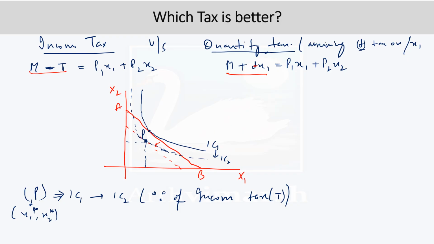So say for example, in the same xy plane, if AB was the budget line, the new budget line is rotating inwards.